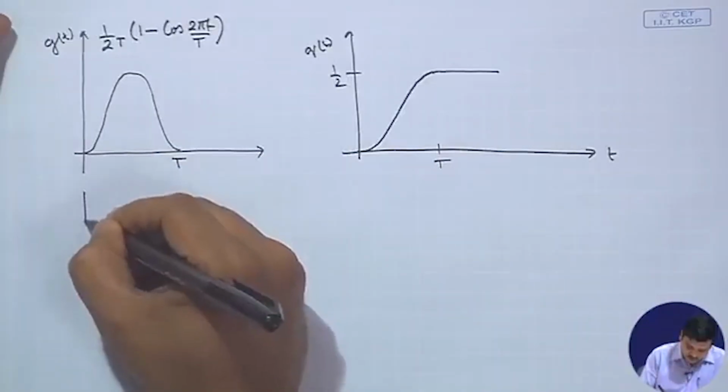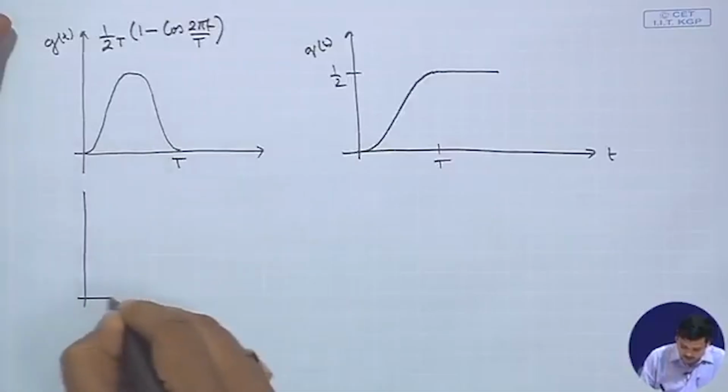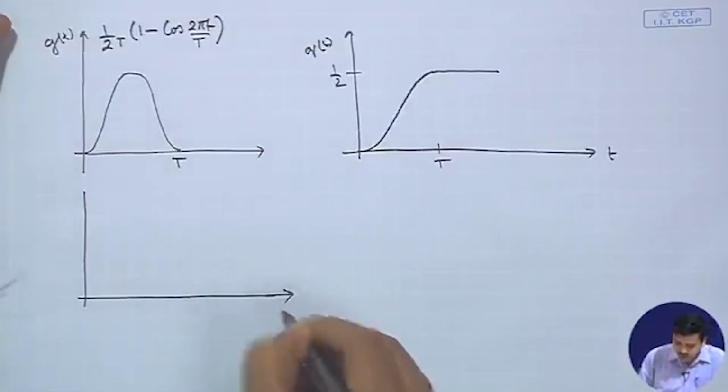We will talk about this kind of pulse shapes, of course, when we discuss inter-symbol interference.